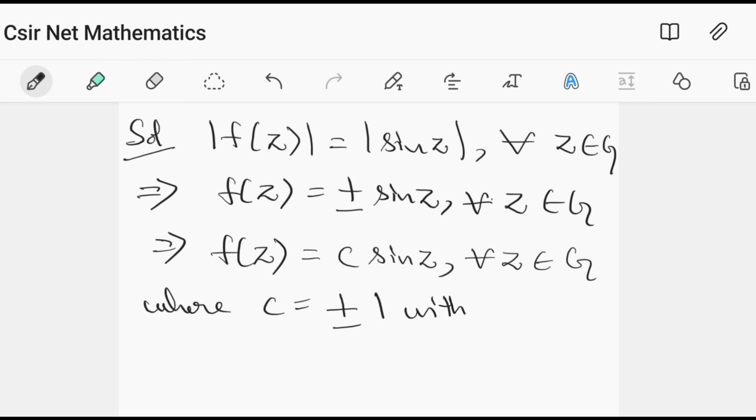So this we can write as mod C is equal to 1. When you remove the modulus sign, you will get C is equal to plus or minus 1. And here C belongs to capital C. That's it.